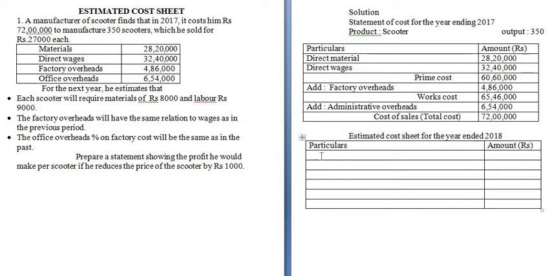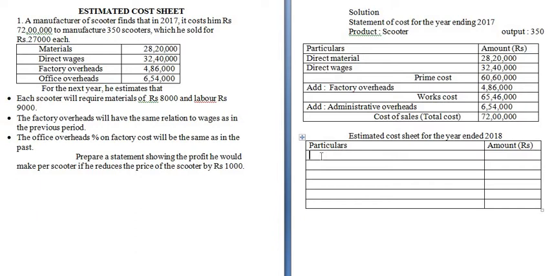So next line, write down estimated cost sheet for the year ending 2018. Again two columns you will have to make, particulars and amount.